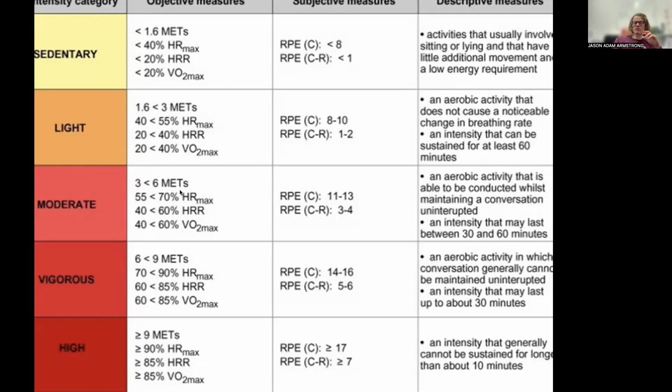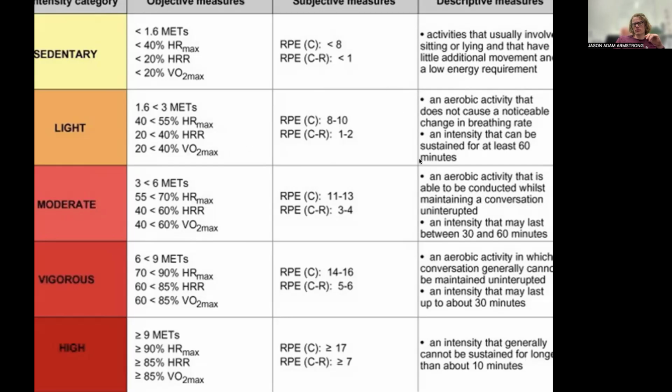Objective means they're not open to individual interpretation, and subjective means they are about the individual's experience. And we see these change. So 8 to 10 out of 20, remember, and 1 to 2 out of 10 here. We get to moderate intensity. Now we're at 11 to 13, 3 to 4. Vigorous is 14 to 16, or a 5 to 6. High is greater than or equal to 17, and greater than or equal to 7.